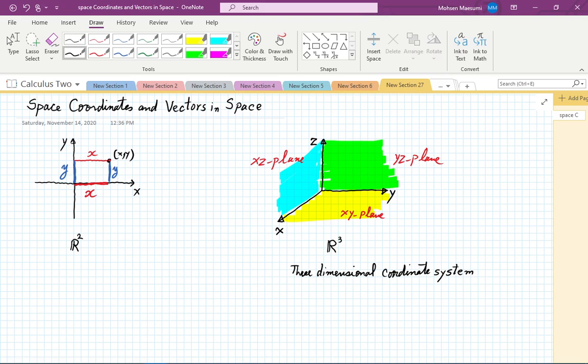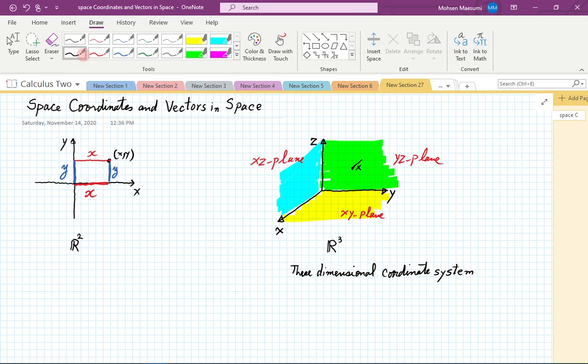Well, how is that going to go in the x, y, z coordinate system? If I consider a point here, then its distance from the YZ plane will be the x coordinate. So if I go from this point back to the green wall, that's going to be my x.